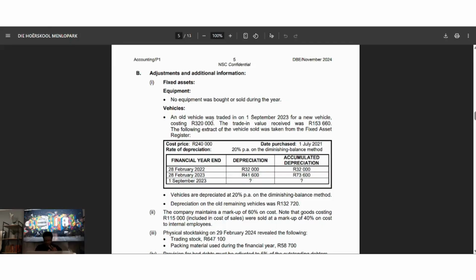Our year ends on the 29th of February 2024, so we have to count the months from when it was traded in to the end of the year. It was traded on 1 September, so we count September, October, November, December, January, February. That works out to 6 months.